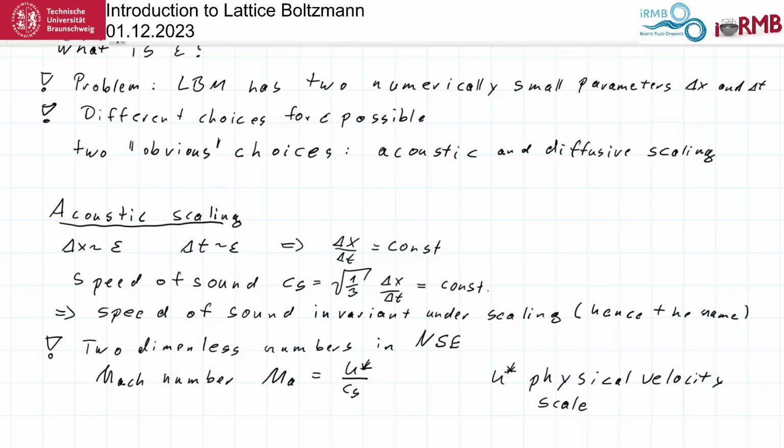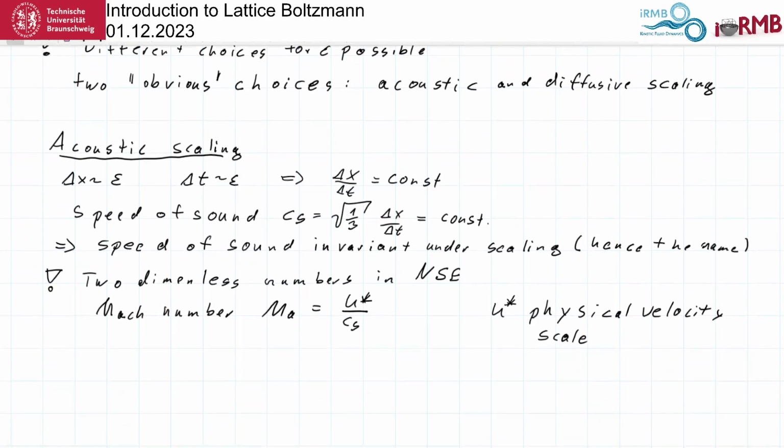So because we use all the time dimensionless variables, I've decided that when I'm talking about dimensional variables, I put the star there. Yeah? I'm doing it a little bit the opposite way. So this is the dimensional variables, and the second is, of course, the Reynolds number.